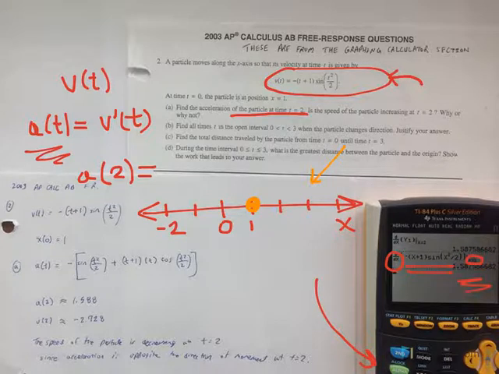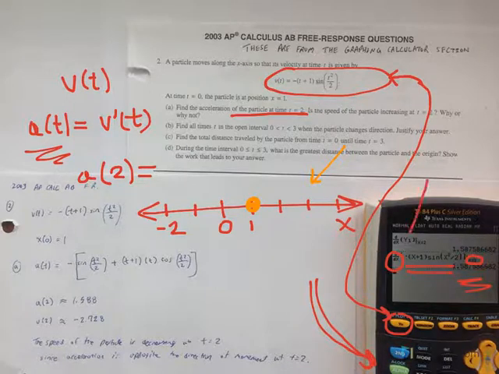Alternatively, you may enter the velocity function into y equals as Y1, and then go to math, go to nDeriv, and go to variables, Y-variables, function, and Y1. So once you enter the function once into y equals, you can access it so you don't have to keep typing it again and again. And then evaluate at x equals 2, and you get the same answer.